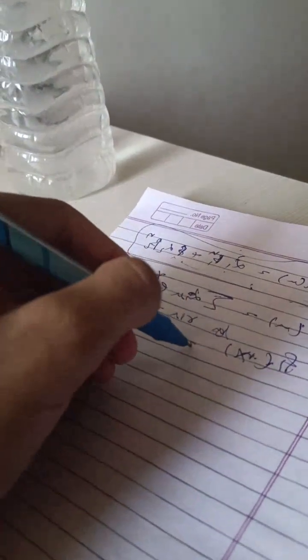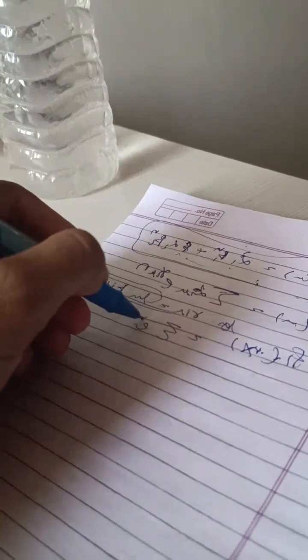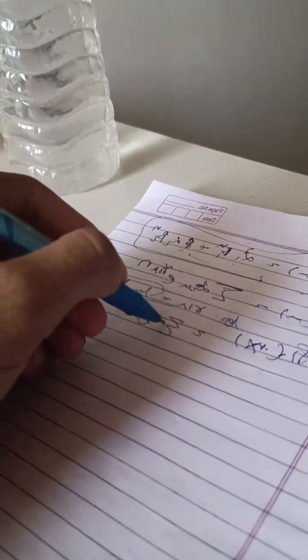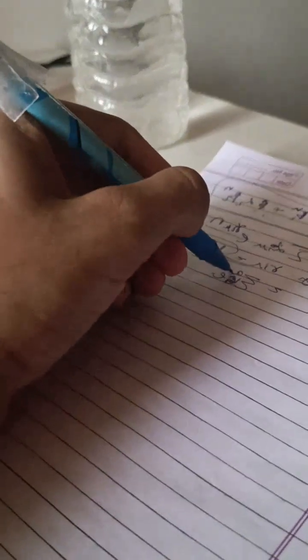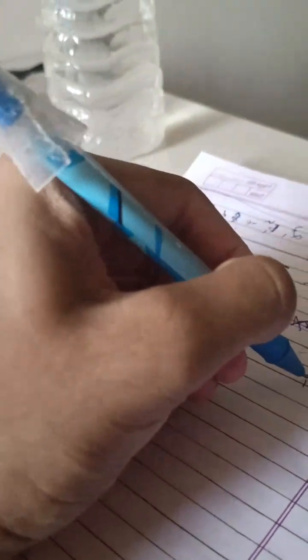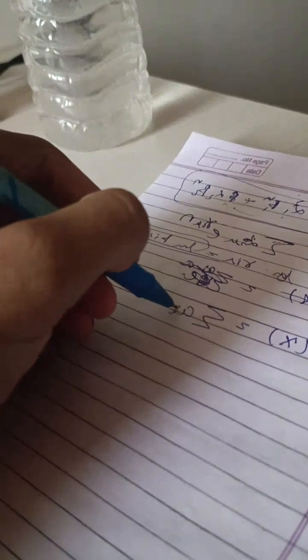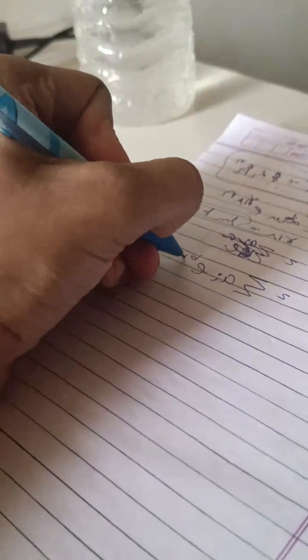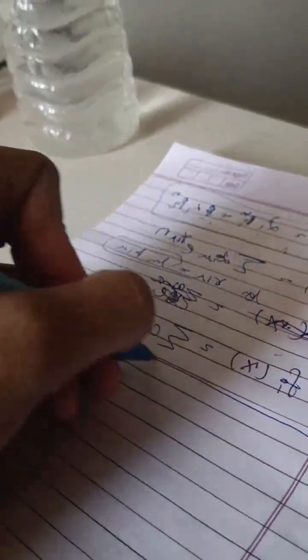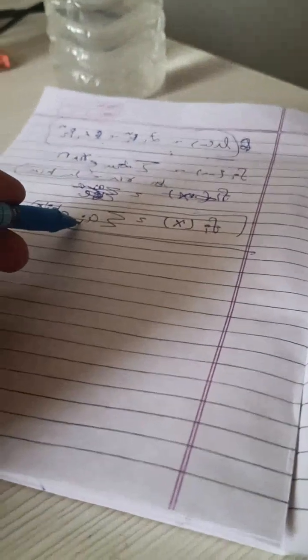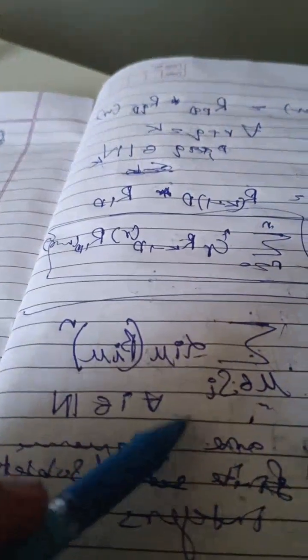So fi is just a linear combination of exponent functions, which I will be using, this notation instead of this notation.